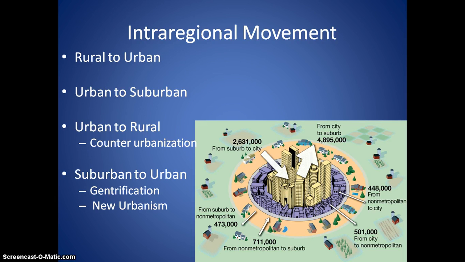So that's where we get the elements of gentrification, people wanting to develop this idea of new urbanism, which we discussed in one of the other lecture videos. So definitely an interesting trend here. So a lot of these things are actually going on at the same time.